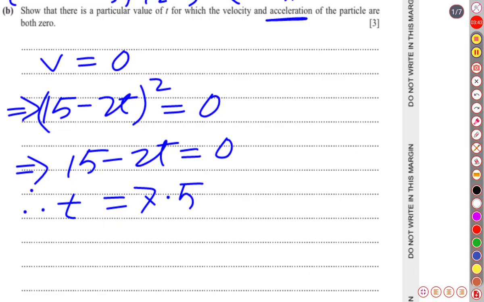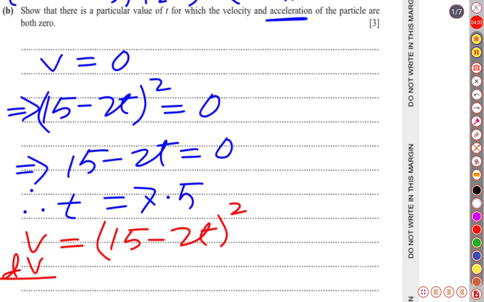So let's find the acceleration. For acceleration we will find the derivative of velocity. So v is what? 15 minus 2t whole squared. Well, if we differentiate both sides, it is going to be dv in terms of t equal to 2. Then if we differentiate the inner part, it is going to be negative 2.